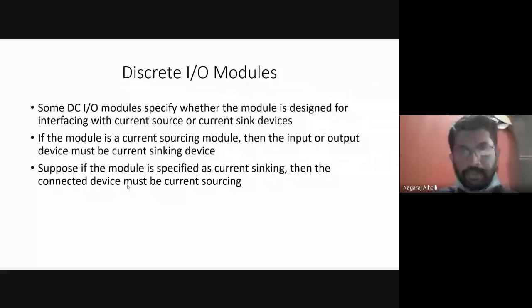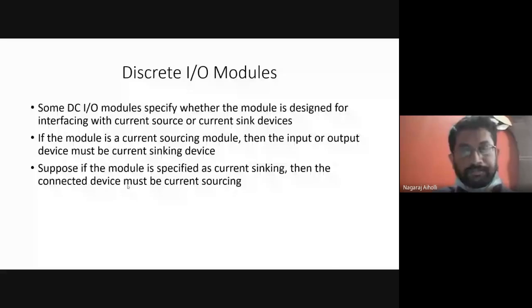We are sending the power or the current from the input output module to the field device, so the module which is sending the current or the power is called the current sourcing module, and the field device which is receiving is called the current sinking device.